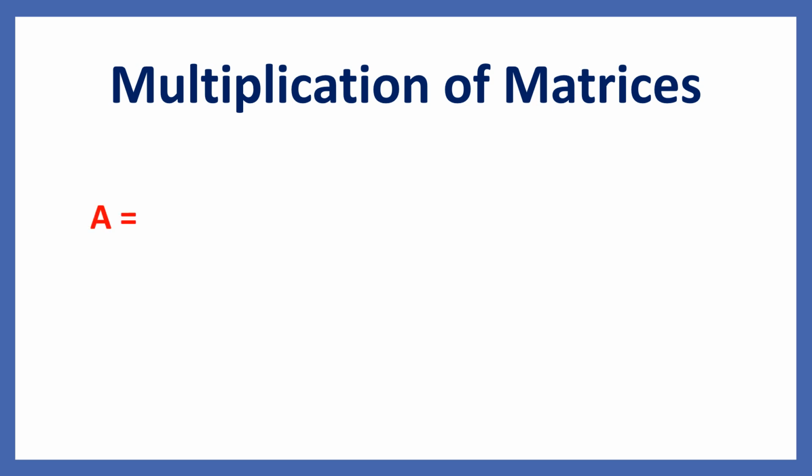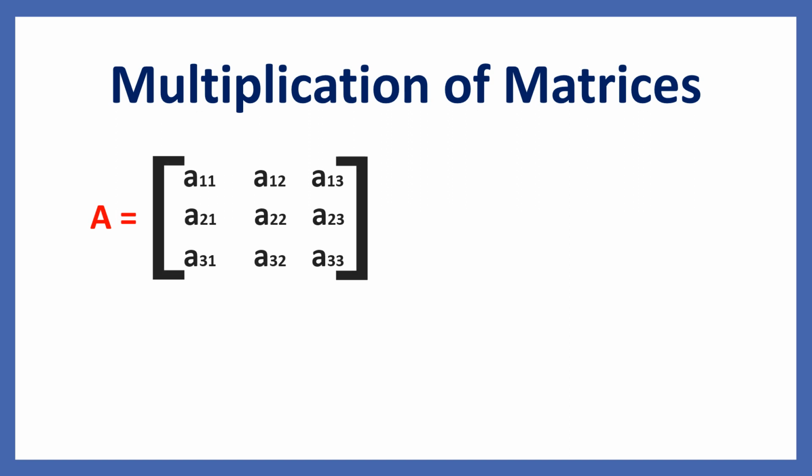Matrix A is given as a matrix of A11, A12, A13, A21, A22, A23, A31, A32, A33. That is, each element is shown by the number of rows and columns in which it lies.